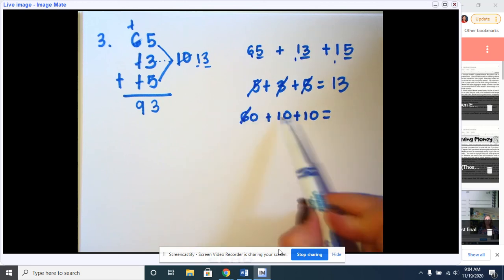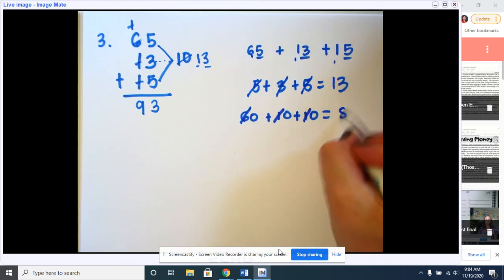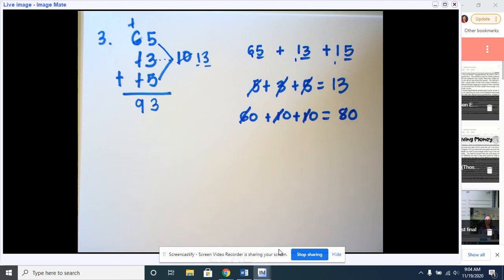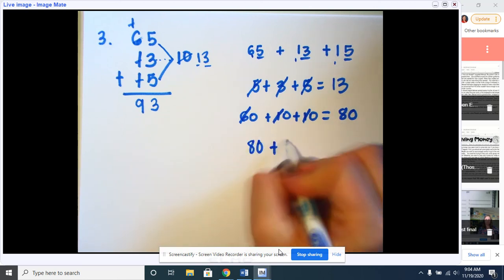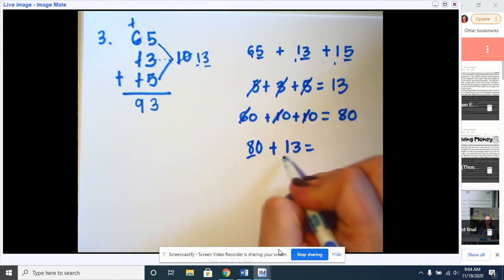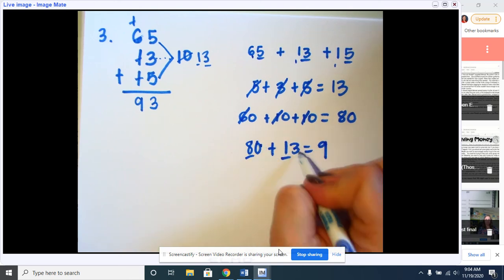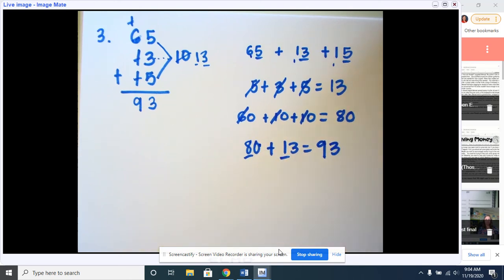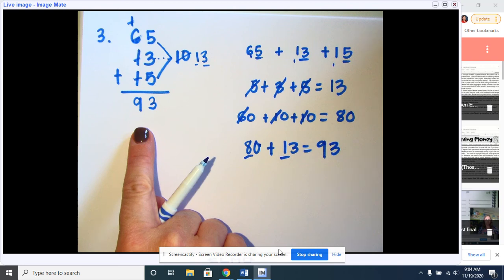So 6, 7, 8, and add a 0 for 80. 80 plus 13 is 80 and 10 is 90, and 0 and 3 is 3. 93. Again, the standard algorithm to me is the best way for this type of problem, but you can choose the way that you feel is best for you.